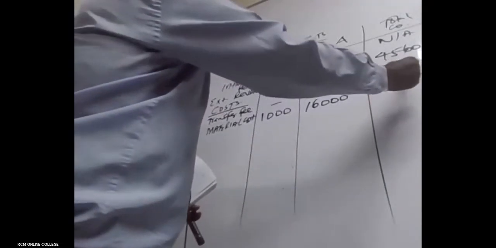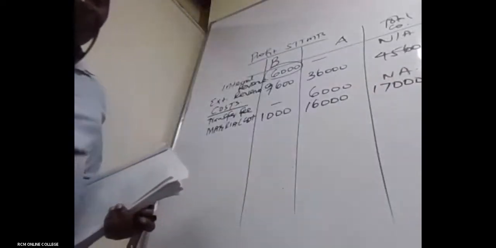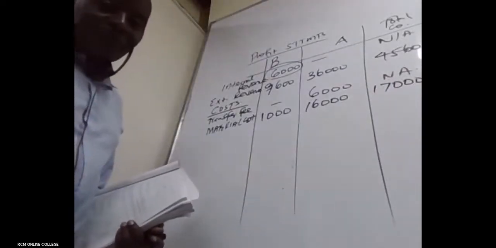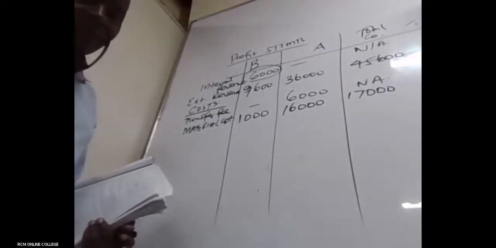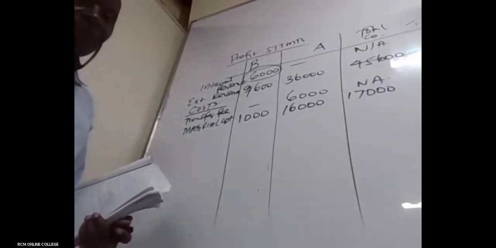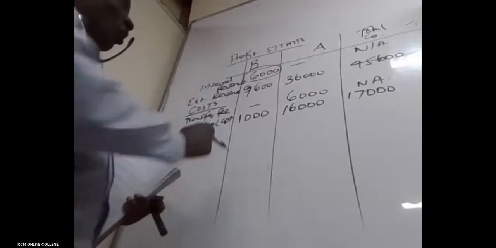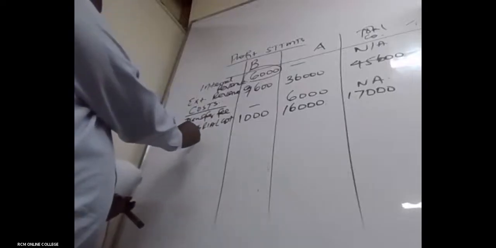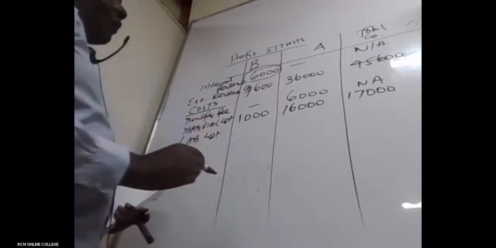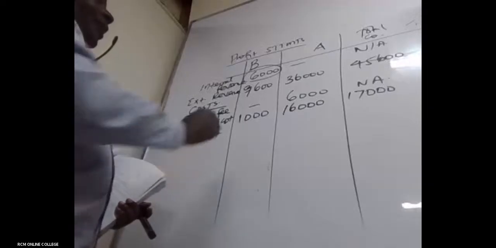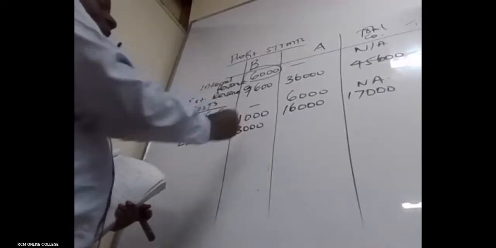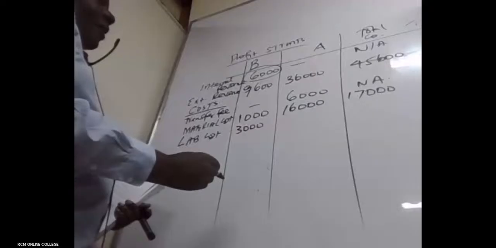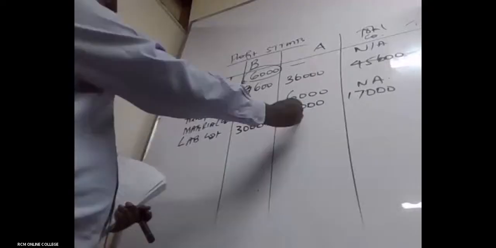Here it becomes 17,000. That's material. And then we have labor costs, isn't it? Labor cost. What do we have there? 3,000. 3,600. Giving us what figures?